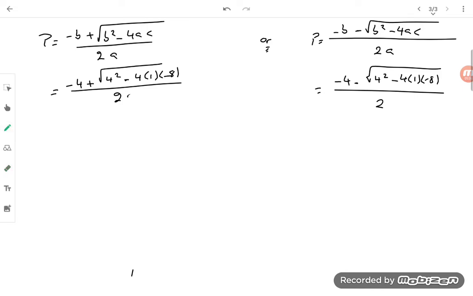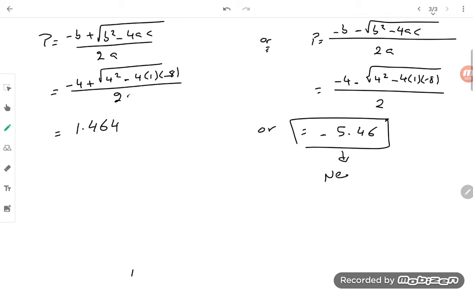So the answer will be 1.464 or negative 5.46. Actually, this is the value for a price. Price couldn't be negative, so we are going to neglect this value. So this is the equilibrium price.